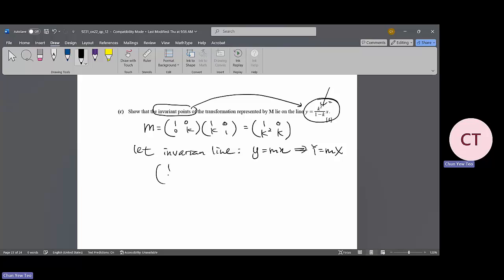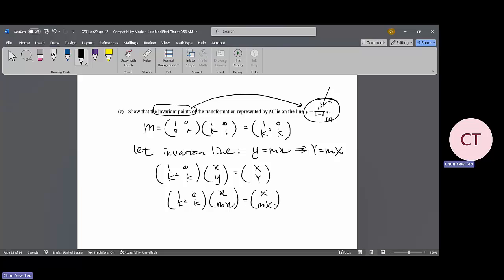So if you take the m, and if you transform any point that on this invariant line, you will get this. Okay, so over here, it will be changing the y to become mx.